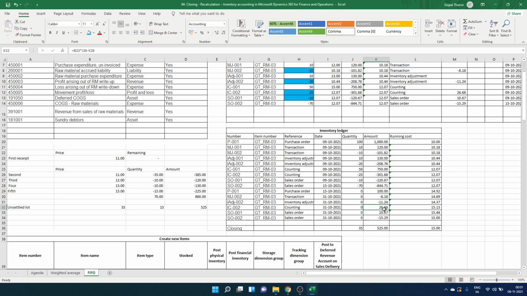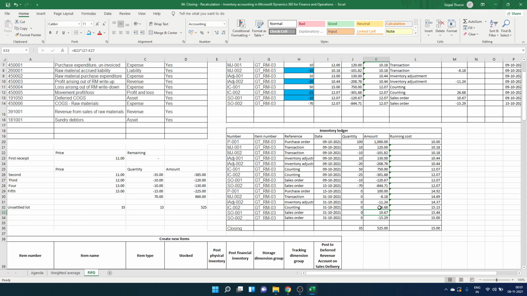But if you see these two transactions, one is the counting journal and the second one is the sales order transaction, where at the time of posting the original transaction, the inventory was issued with a higher amount. So now the inventory is getting debited back and my COGS, or cost of goods sold, or inventory profit and loss is getting reduced.